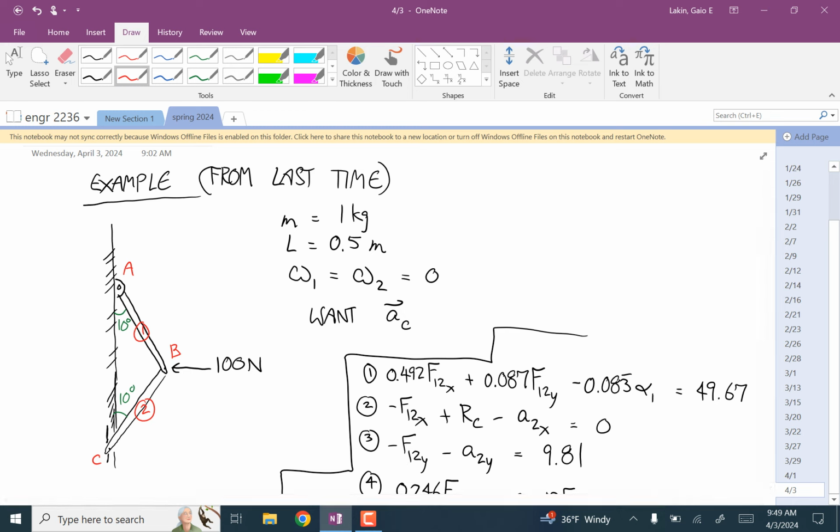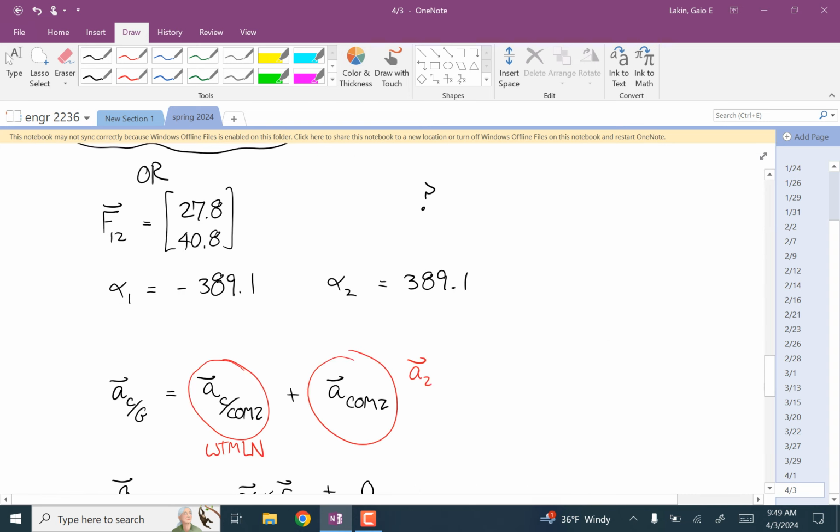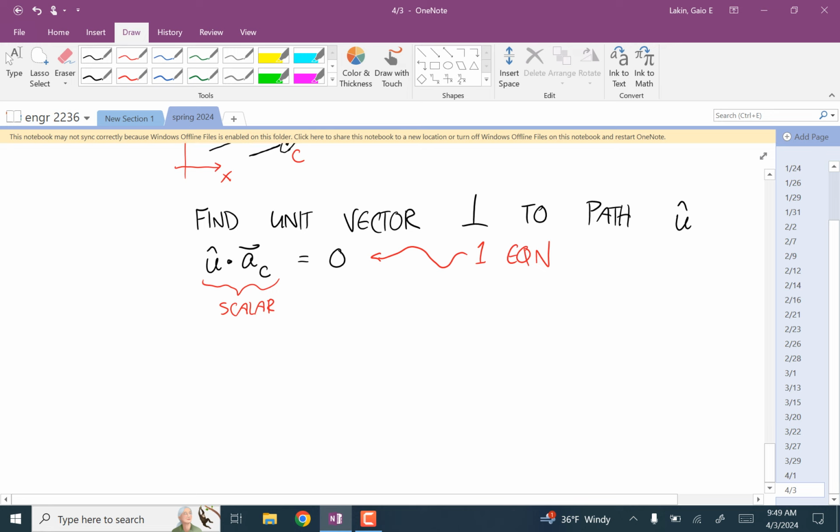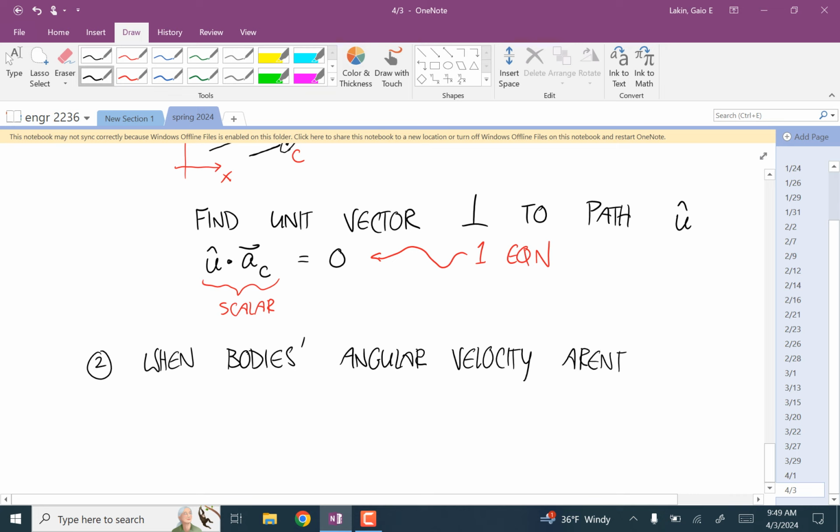And the answer is, when the bodies' angular velocities are not independent, how do you find one from the other one?